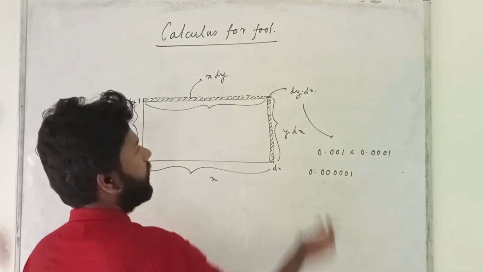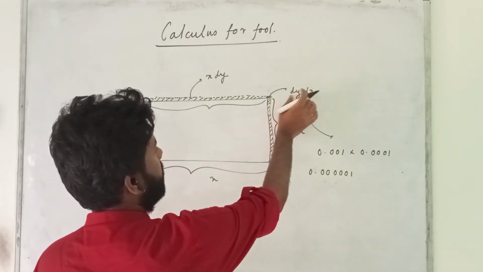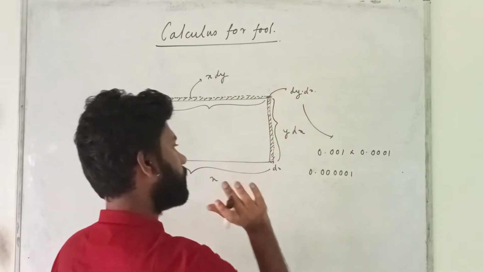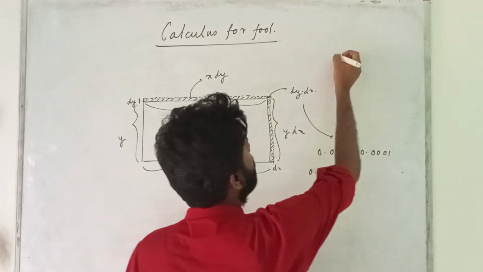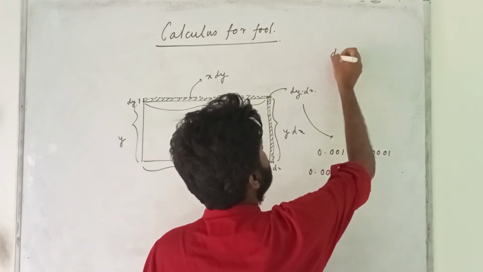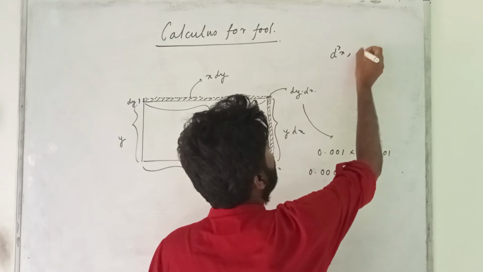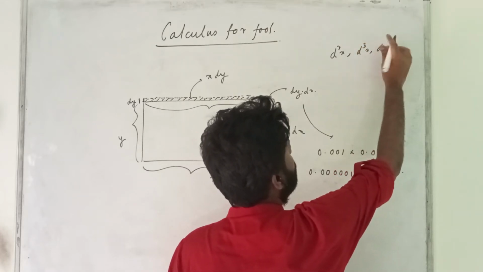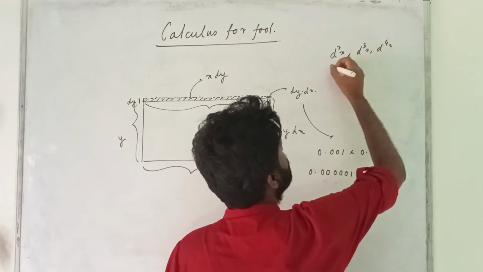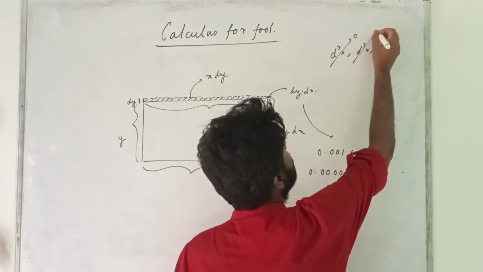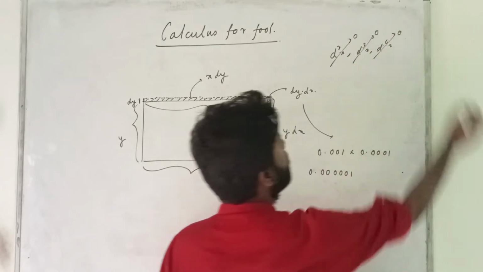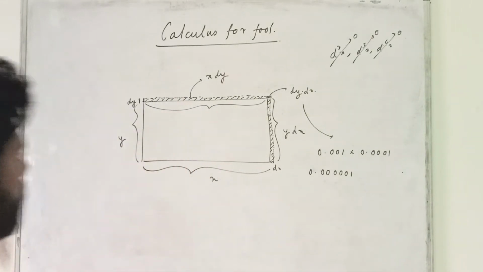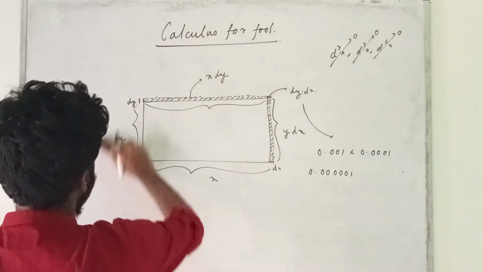Actually, the product of very small quantities you can ignore. And then we learned previously d2x or d3x and d4x, so it is 0 in comparison with x.